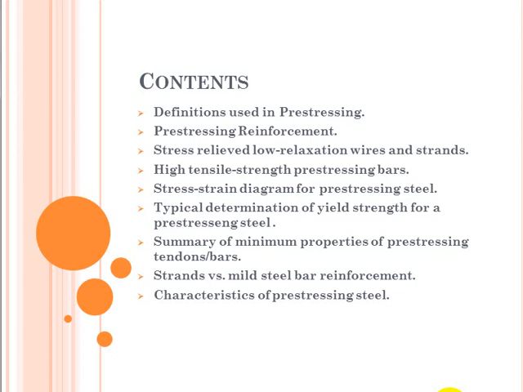It contains definitions used in prestressing reinforcement, stress relief low relaxation wires and strands, high tensile strength prestressing bars, stress strain diagram for prestressing steel, typical determination of yield strength for a prestressing steel, summary of minimum properties of prestressing tendons and bars, strand versus mild steel bar reinforcement, and characteristics of a prestressing steel.